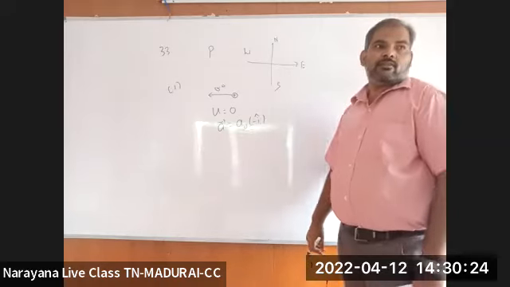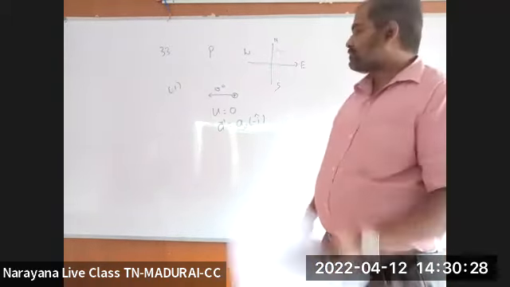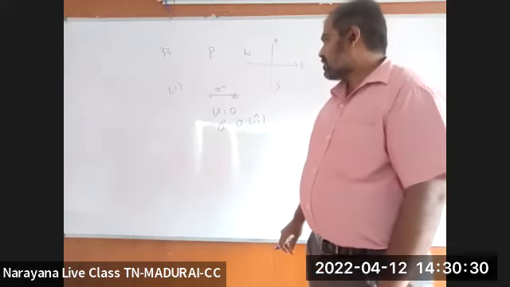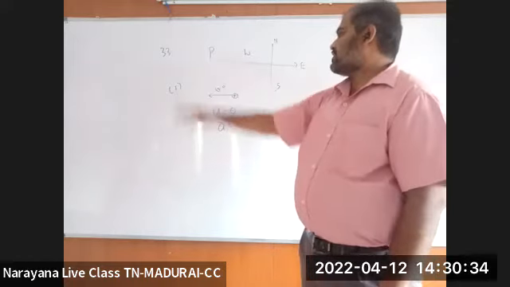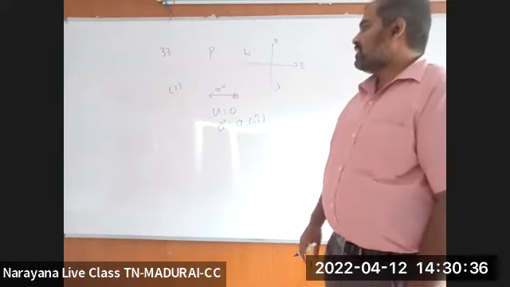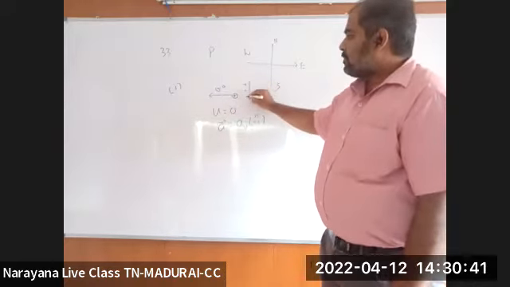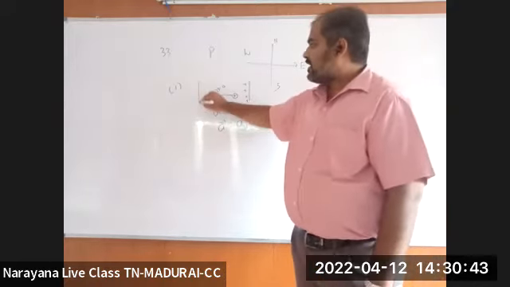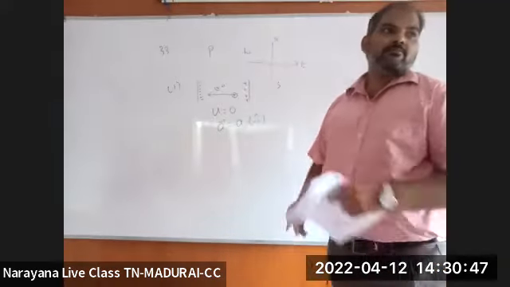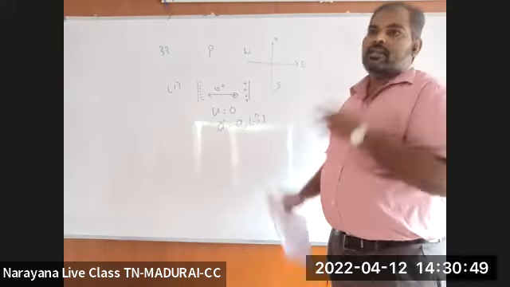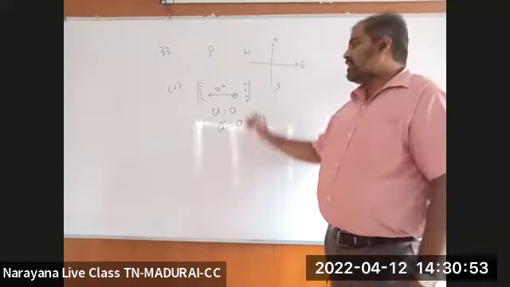Understood? So it is going in the west direction only. If it is at rest, definitely on this side a positive charged plate is there, and on this side a negative charged plate is there. Correct or not? Then only it can accelerate to the left side, because it starts from rest.